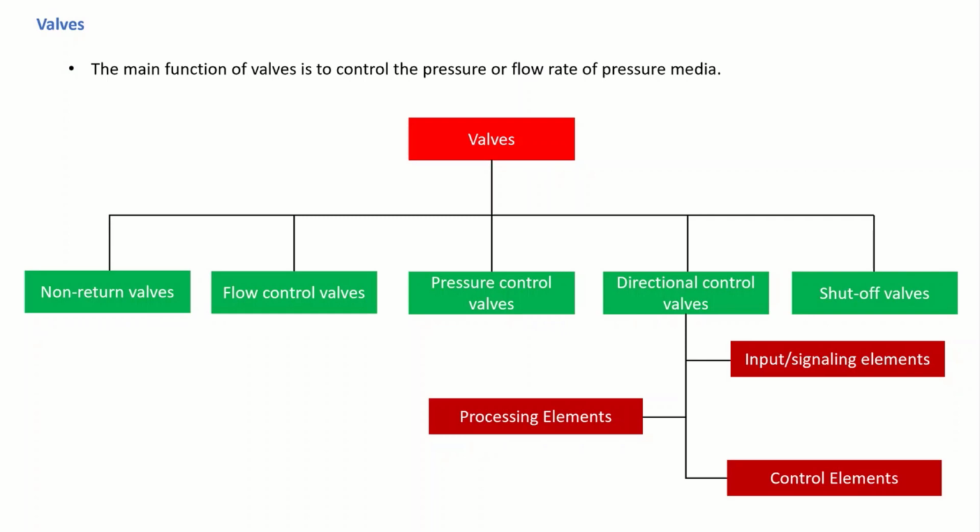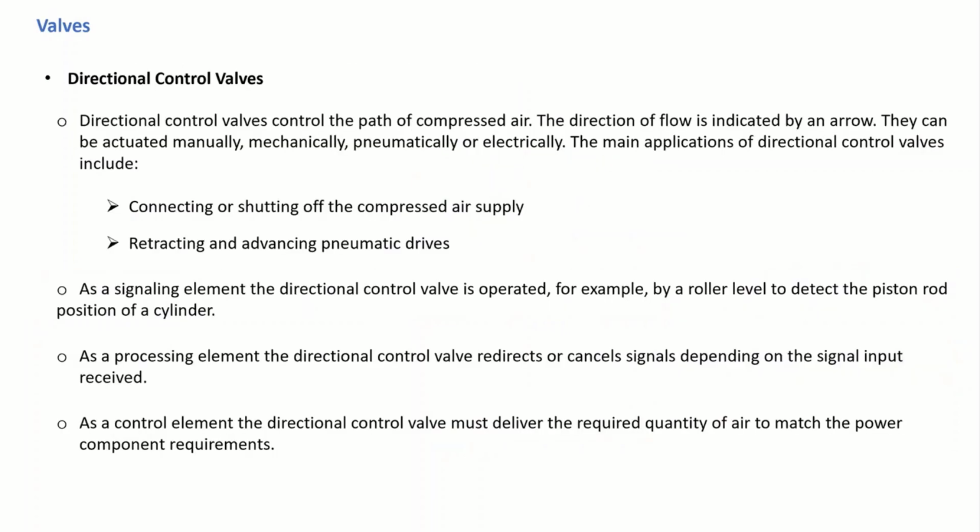So what is the main role of directional control valve and how can they be used within a pneumatic or, let's say, electro-pneumatic circuit? They can be used as input signaling elements, as processing elements, and also as control elements. Okay, so how do directional control valves work and what is the main functionality of these components within a pneumatic circuit?